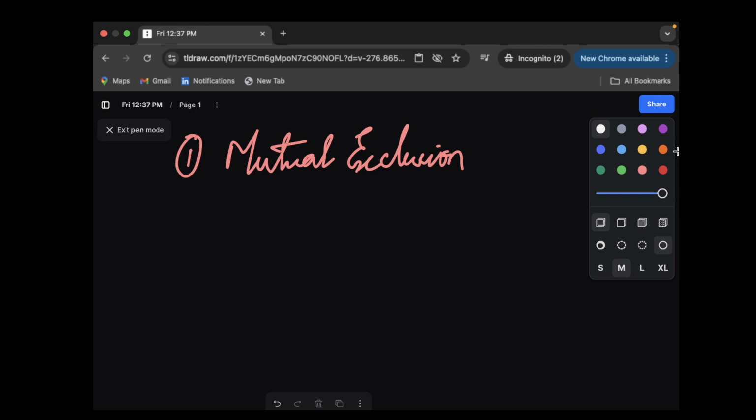If a process Pi is executing its critical section, then no other process can. Mutual exclusion is that only one thread or process is allowed to.